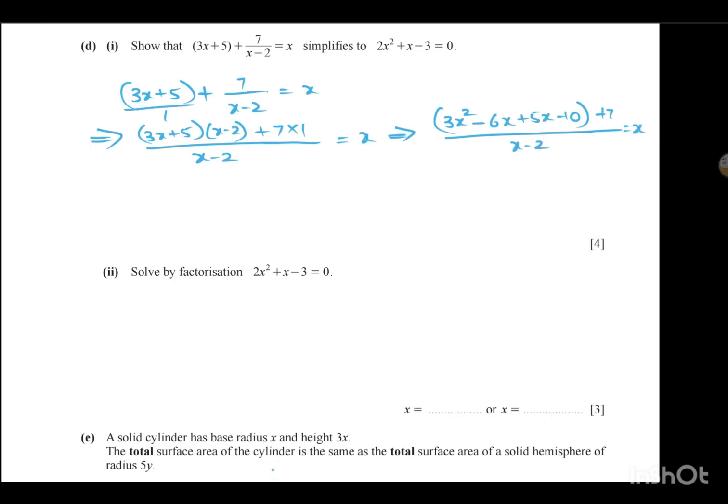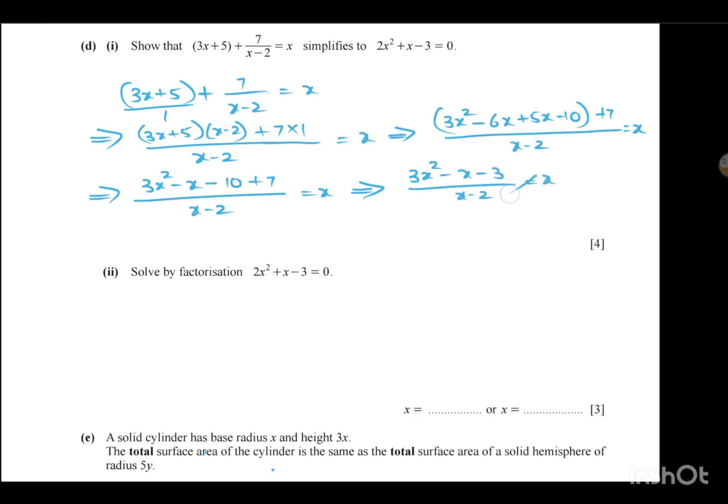Now simplify inside the bracket. 3x square minus x minus 10 plus 7, open the bracket, by x minus 2 is equal to x. Next step, you can add this minus 10 and 7. So 3x square minus x minus 3 by x minus 2 is equal to x.